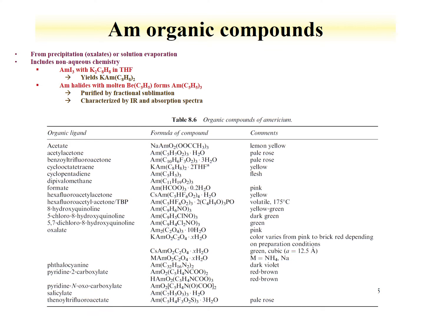Thenoyltrifluoroacetone, TTA, is often used in separations. And oxalate is used as a starting compound for the precipitation of americium in the formation of the oxides. An interesting consideration for the americium compounds is the resulting colors, and again that's due to the variation of the oxidation states of americium.